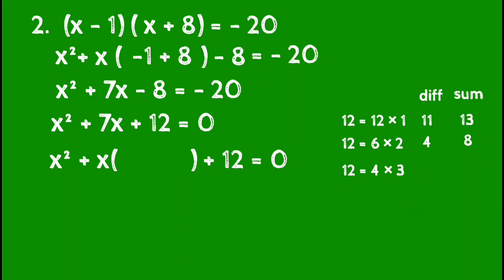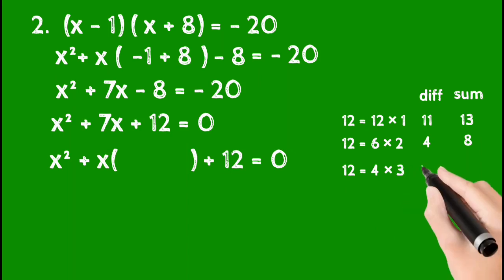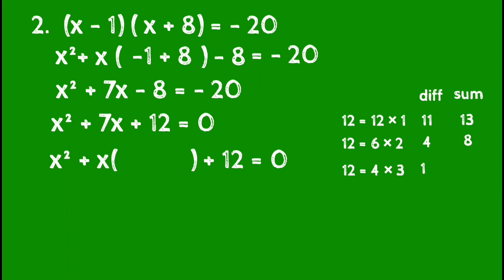Let's try 4 and 3. Well, 4 minus 3 is 1, but 4 plus 3 is 7. So 4 and 3 look like they can work. 4 plus 3 gives me the 7.